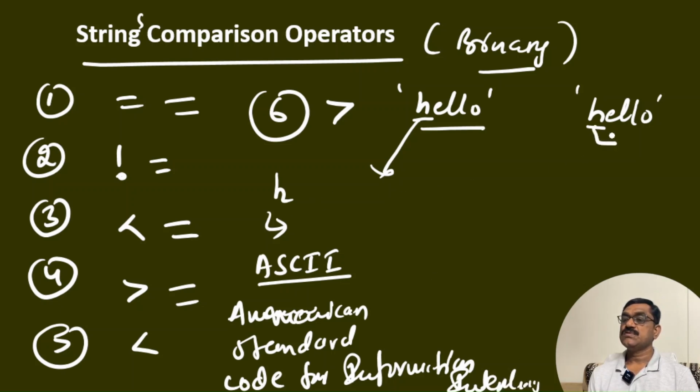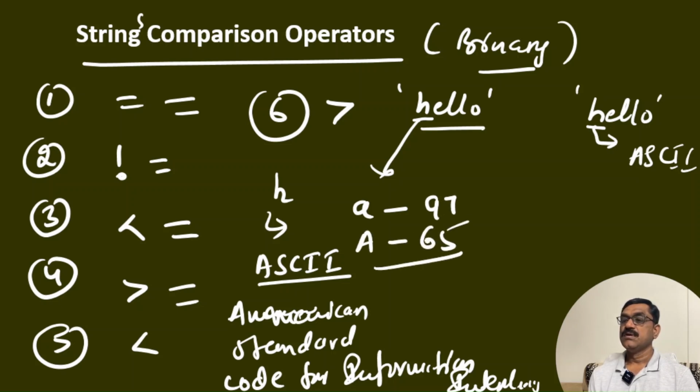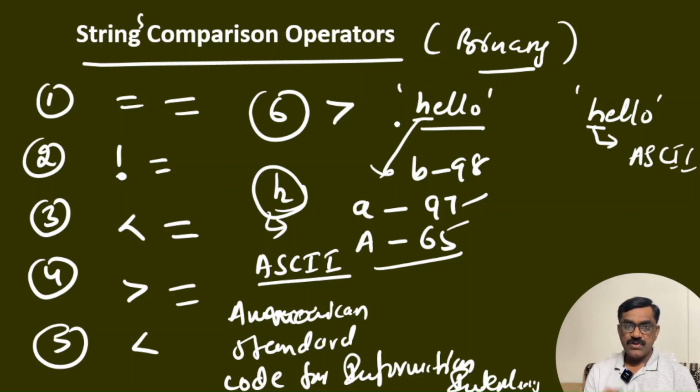The small h in the second string also takes an ASCII value. Every character is internally represented by its ASCII value. Small a has the ASCII value 97, capital A has the ASCII value 65. When small a is 97, you can guess the ASCII value of the others, because small b is 98.